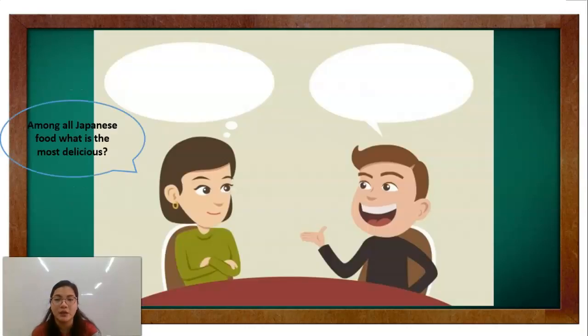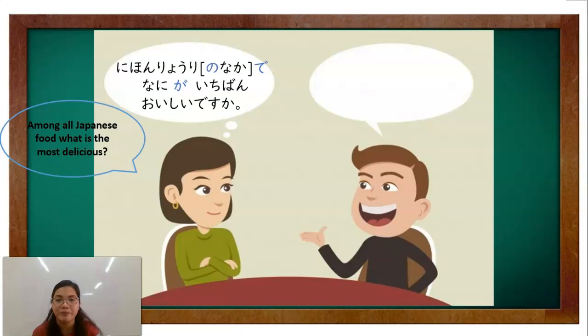For example, here, she will ask, among all Japanese food, what is the most delicious? Nihon ryori no naka de nani ga ichiban oishii desu ka? Again, Nihon ryori no naka de nani ga ichiban oishii desu ka?